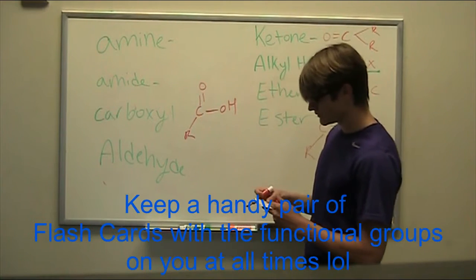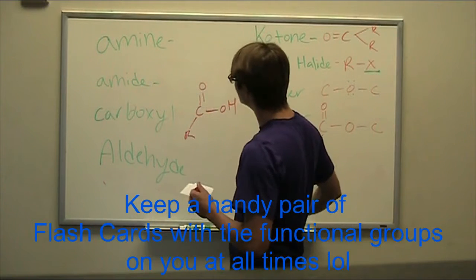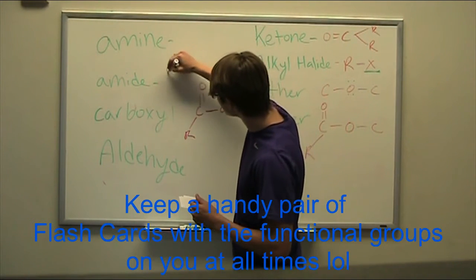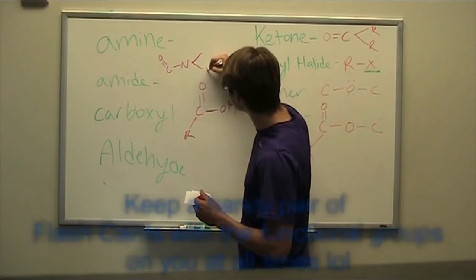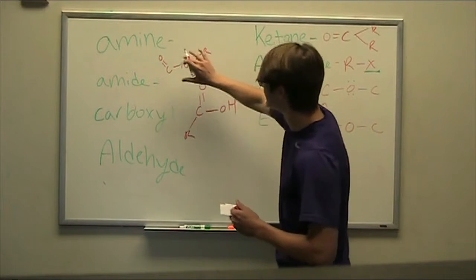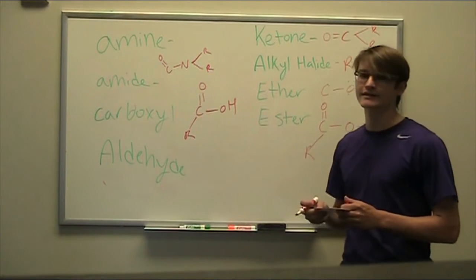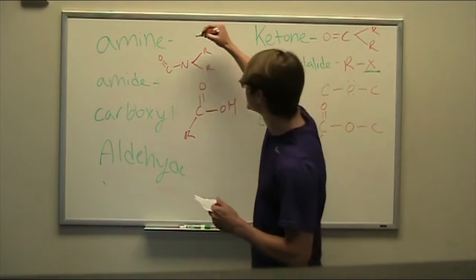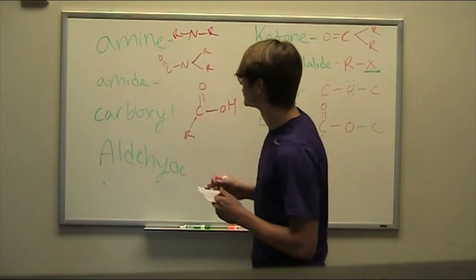An amide is, let's put it this way, there's a nitrogen in the center, with a carbonyl and two R groups attached. These two have a similar relationship as the ether and ester, as you'll see right now. So the amine is that nitrogen with a double or a single bond attached to two R groups.